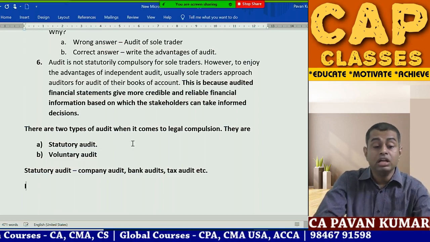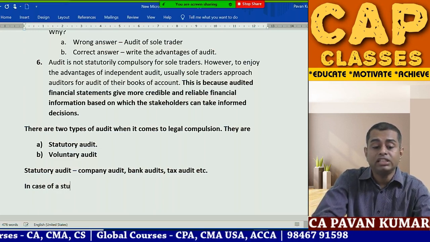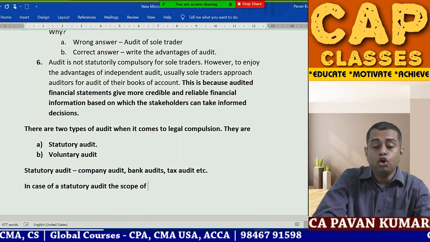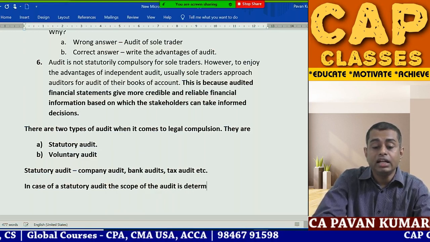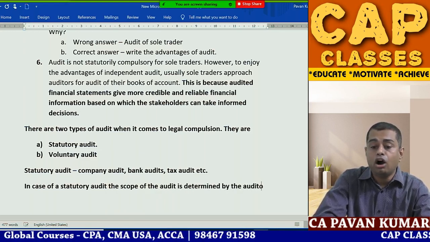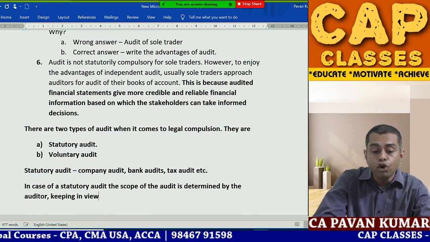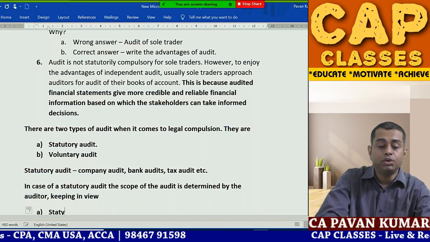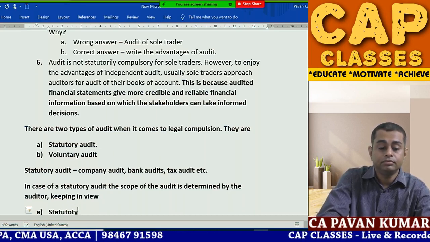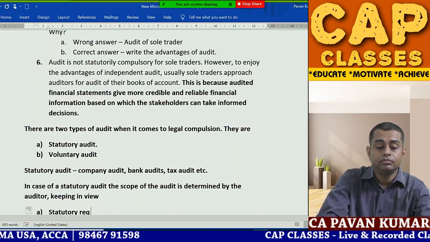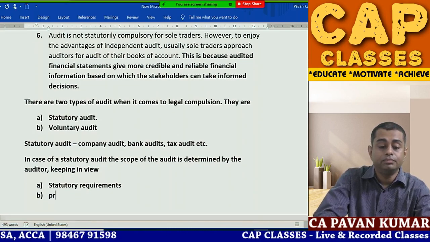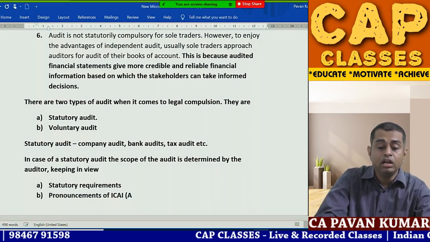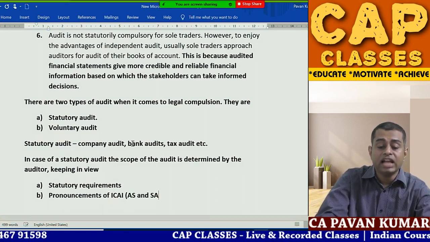Okay, now write down. In case of a statutory audit, the scope of the audit is determined by the auditor, keeping in view A, statutory requirements, B, pronouncements of ICAI (in brackets write down: accounting standards and standards on auditing).